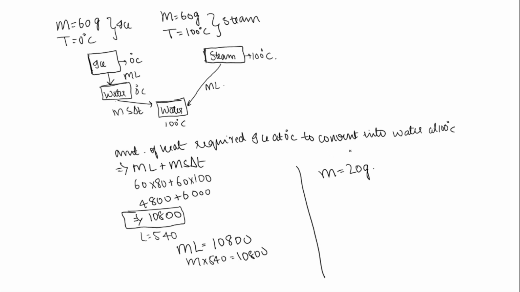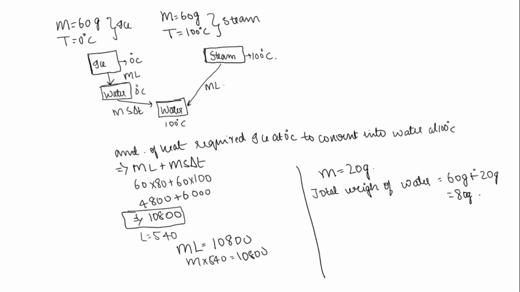Initially there was 60 grams of steam. So the total weight of water is equal to initially 60 grams plus the amount of steam which is converted to water, that is 20 grams. So 80 grams of water is there.